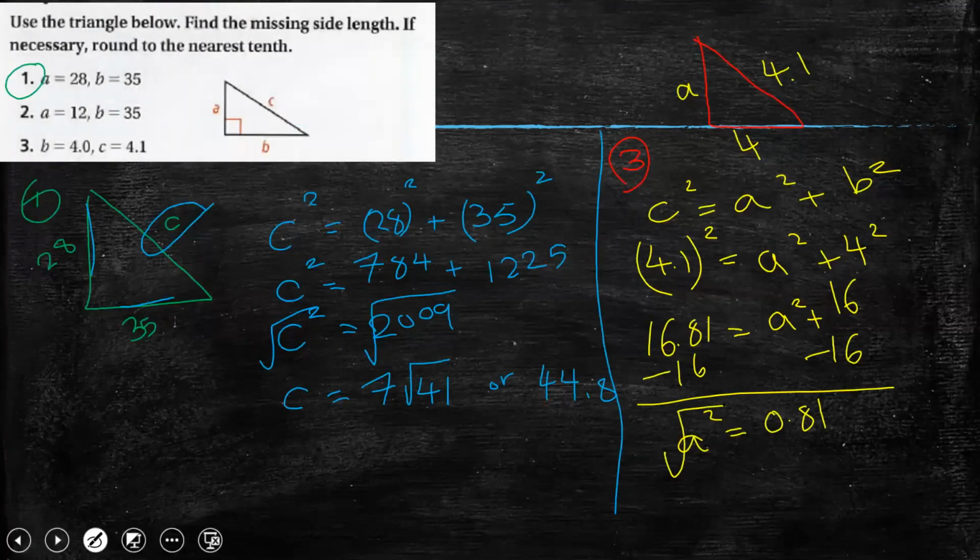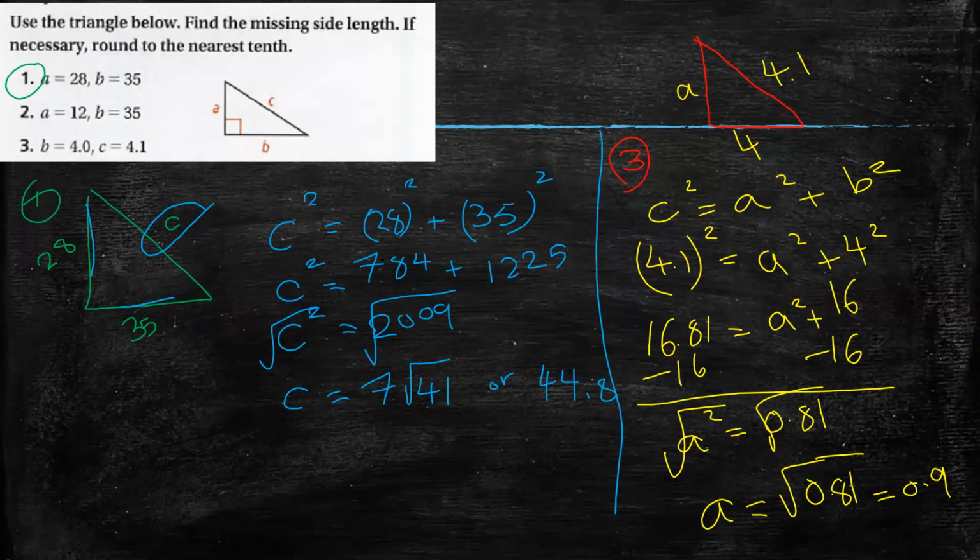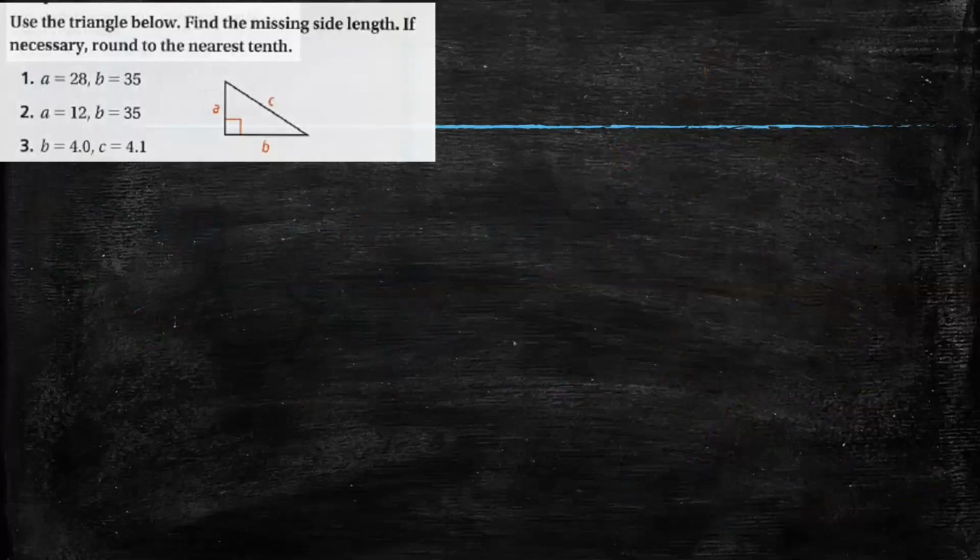So A will be the square root of 0.81 or 0.9. Now, is it clear? Yes, teacher. Okay.